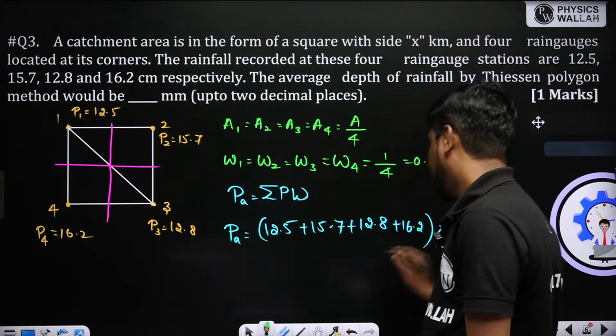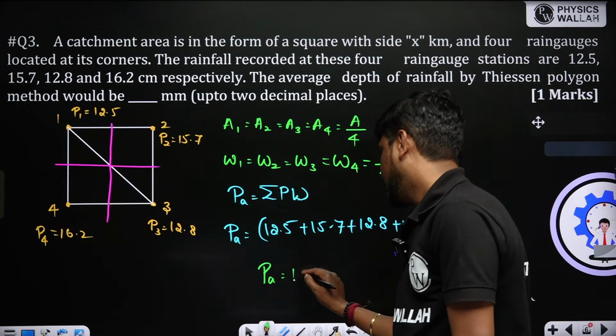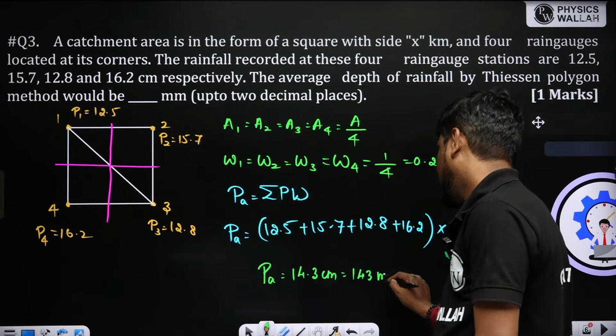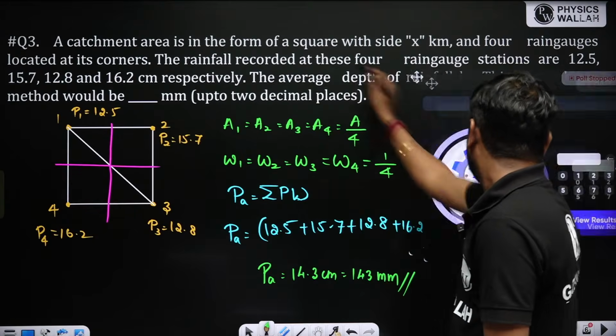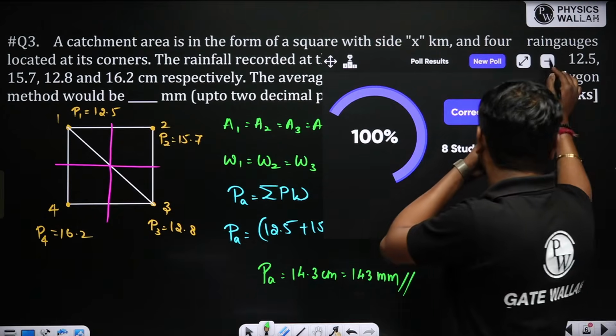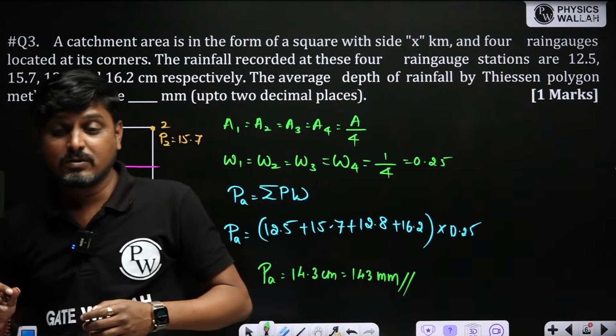So PA is 14.3 centimeter, nothing but 143 mm. Correct answer. Before going to the next question, let me ask you a question.